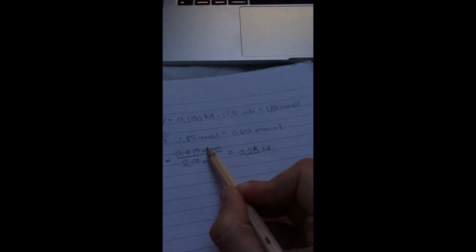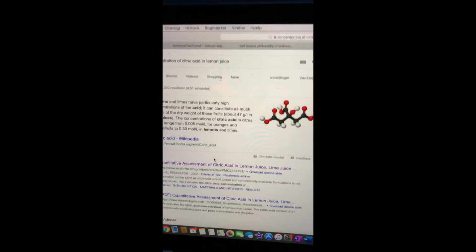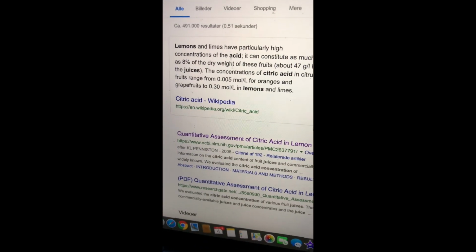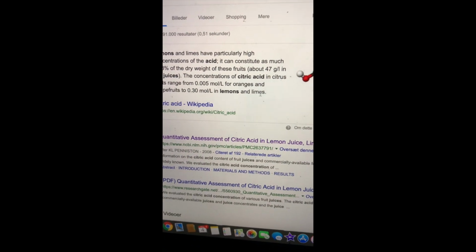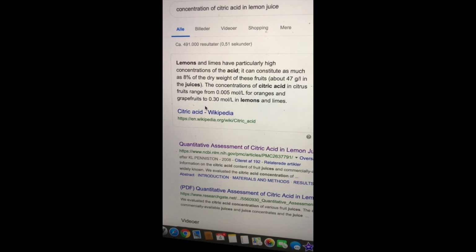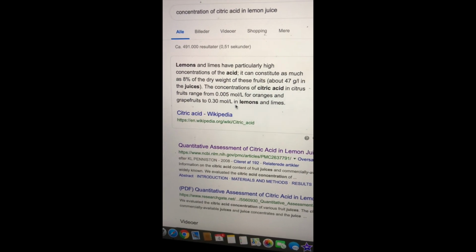As you can see, the milli cancels out, so we have moles per liter, and that gives us 0.28. I googled it, and it says that for lemons and limes, and we did it for limes, it is 0.30 moles per liter. So it's pretty close. It's not that far off.